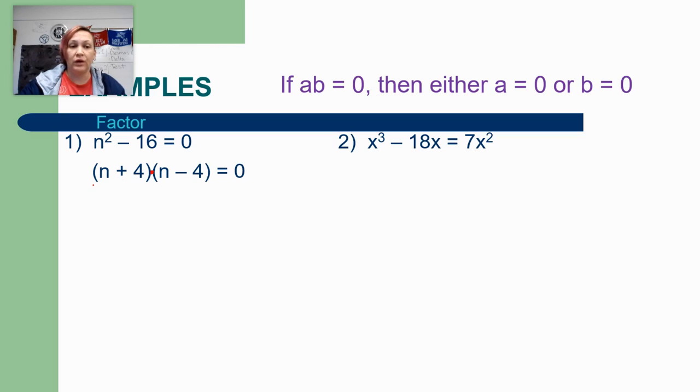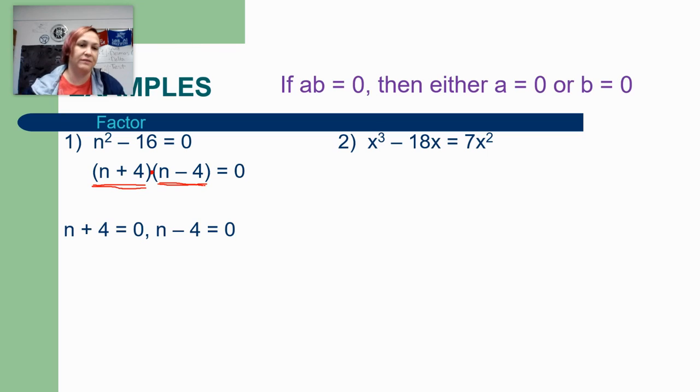And so I'm multiplying n plus 4 times n minus 4, and I'm getting an answer of 0. For that to be possible, either the n plus 4 has to equal 0 or the n minus 4 has to equal 0. One of those parentheses needs to be the number 0 for the final answer to be 0. I'm not sure which parentheses is 0, so let's figure out both of them.